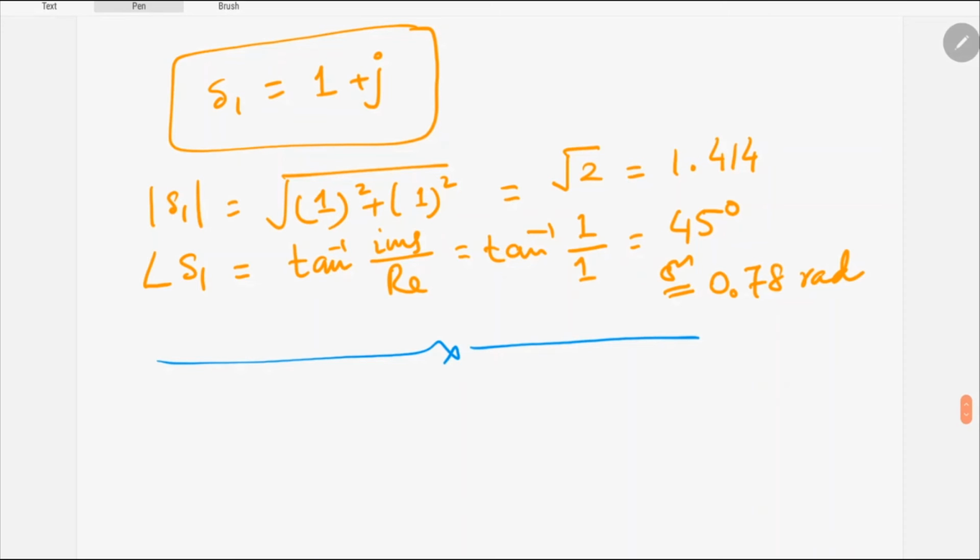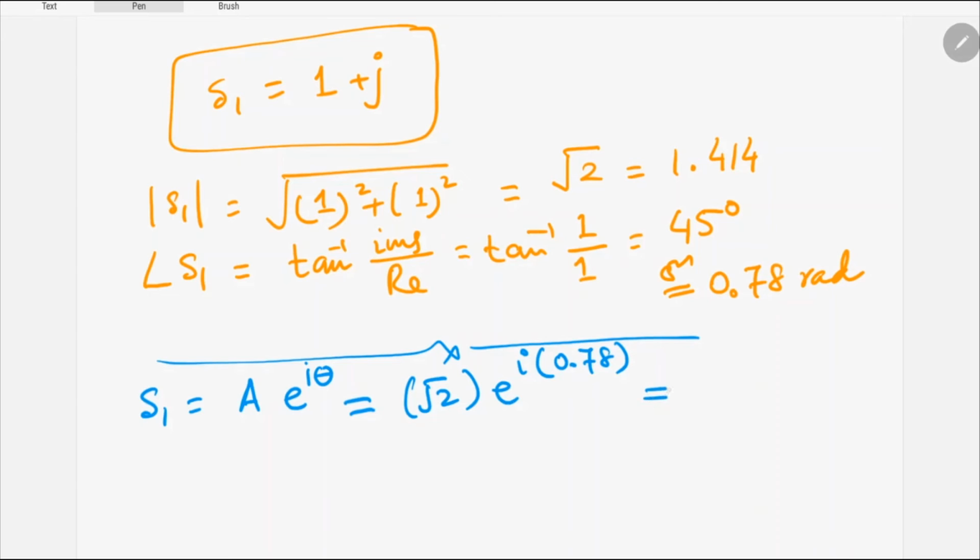Now if we put the same values in here, you will get the same complex number. Let's say we have root 2 e^(i·0.78), and this accepts radians. When you solve it, you'll see that it is equal to 1 plus j.